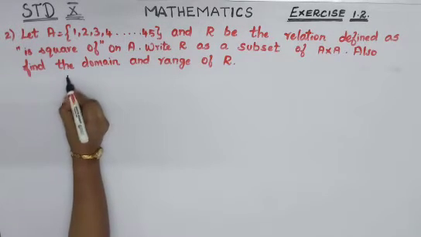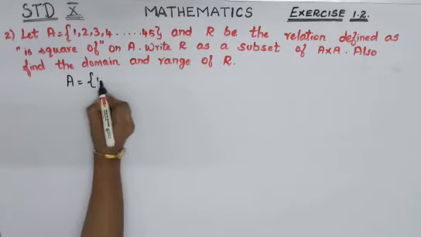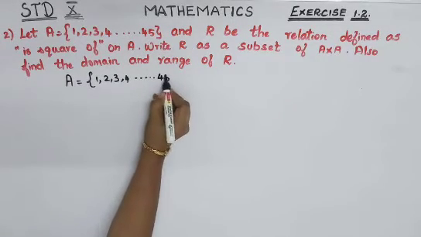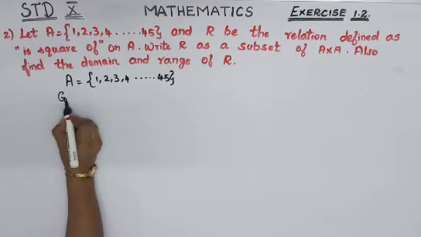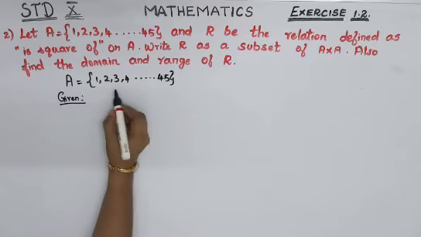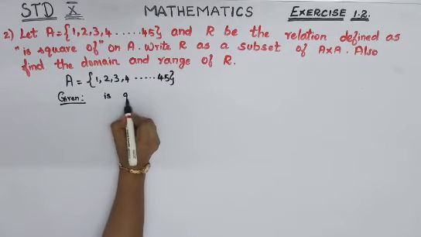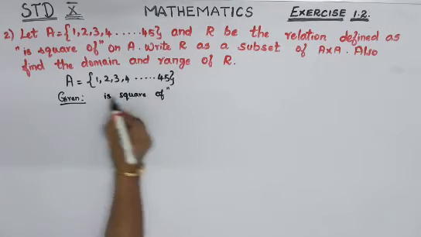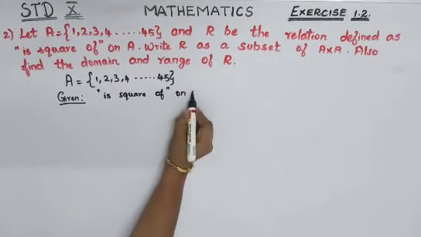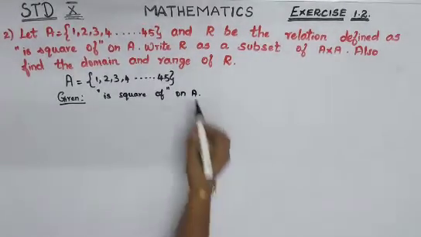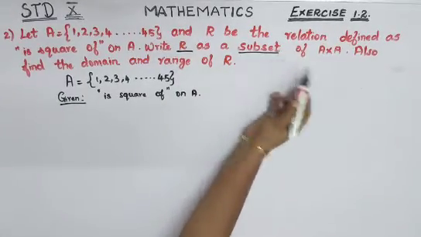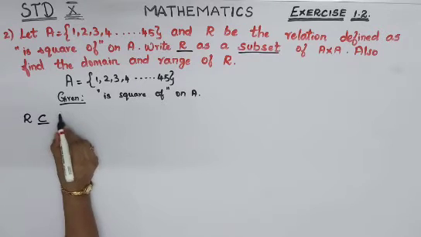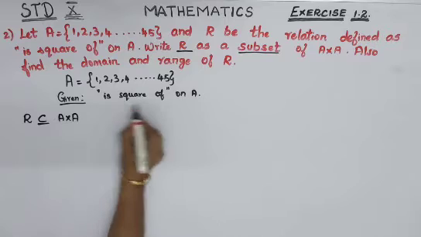So first we will write A = {1, 2, 3, 4, etc. up to 45} it is given, and the given condition is 'square of' on A. What you have to find is to write R as a subset of A cross A. So we will just write R. They have given that it should be a subset of A cross A using this condition of 'square of'.